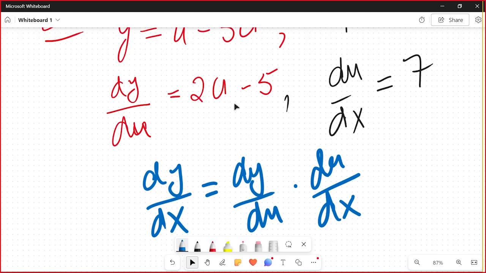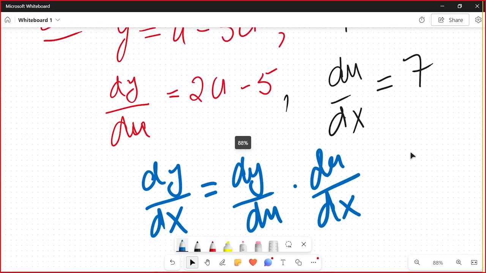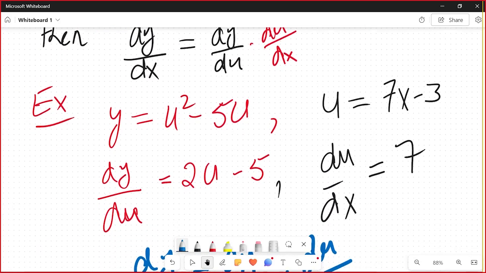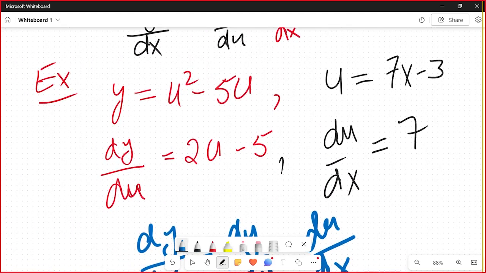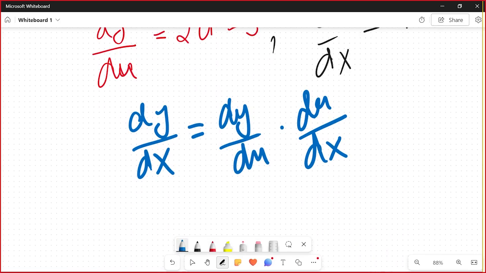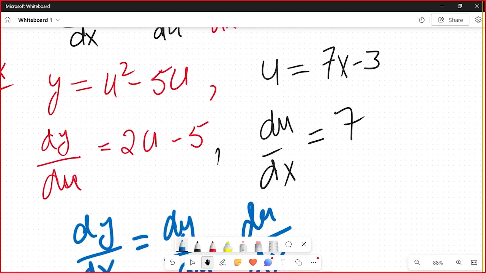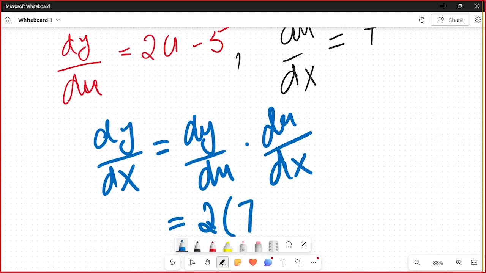Now you want to have the answer in the x variable. And we know u is equal to 7x minus 3, so we would put it there. I would write 2 times (7x minus 3) minus 5.